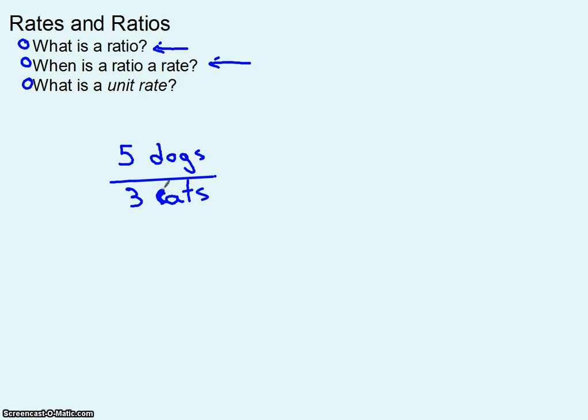I'm comparing dogs to cats. If I write 5 dogs per 2 days, maybe I own a dog training school, now I'm not comparing dogs and cats, I'm comparing dogs to a certain number of days. And what you'll notice is that the units were basically the same here. They were talking about pets or animals.